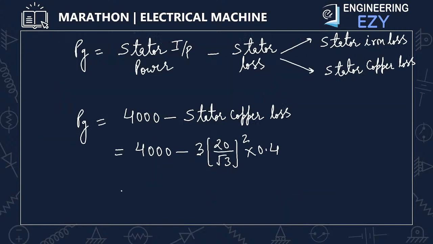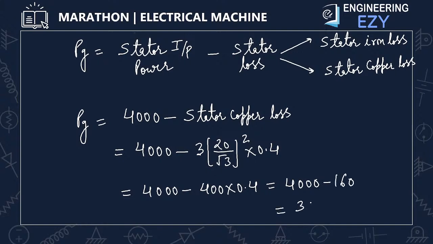If you solve mathematically, you get 4000 minus 3 times (20 by root 3) square times 0.4; the 3 cancels out, 20 square is 400, multiplied by 0.4. So you get 4000 minus 160, which is 3840 watts. So we have calculated the PG. This is called air gap power.